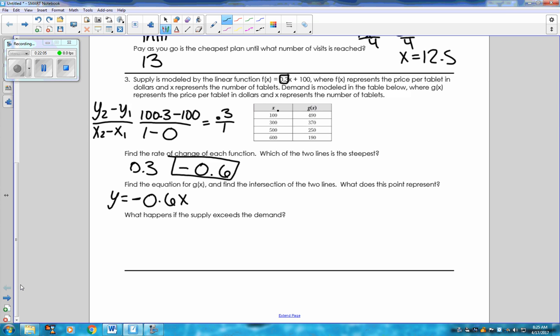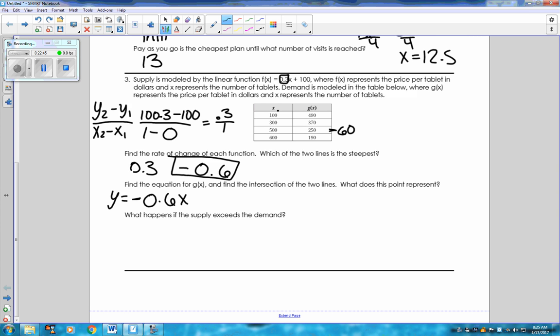So how many numbers did I add to get from 250 to 190? I didn't add, actually. I subtracted 60, correct? Can y'all see that? So to get from 500 to 600, I subtracted 60 from the y values, 250 to 190. What do you think we're going to do to get from 100 to 0?